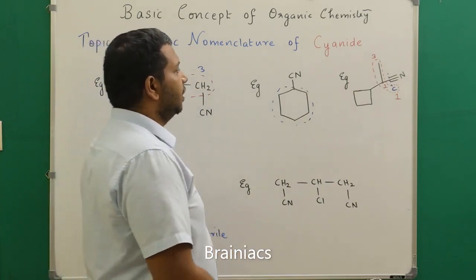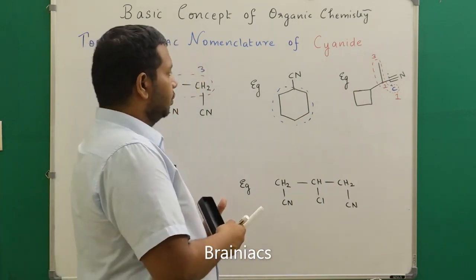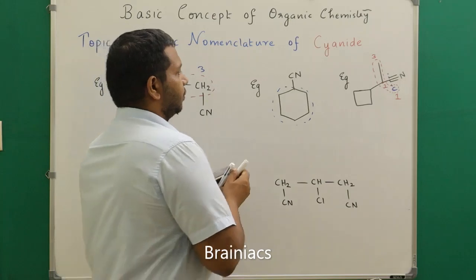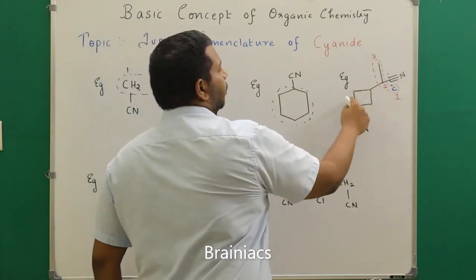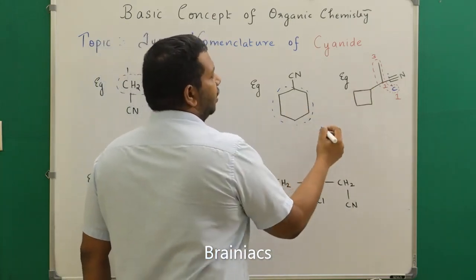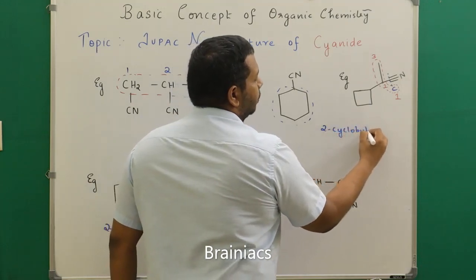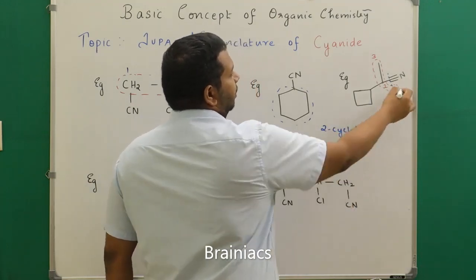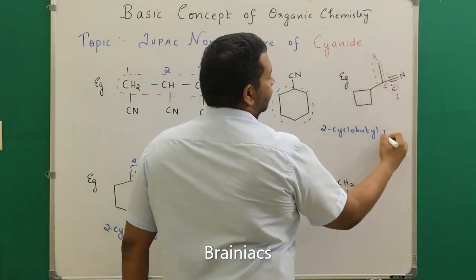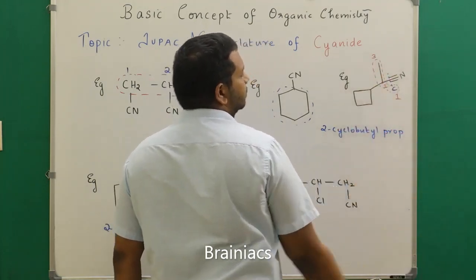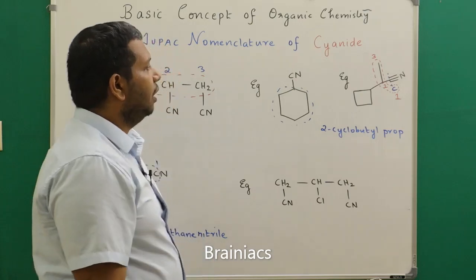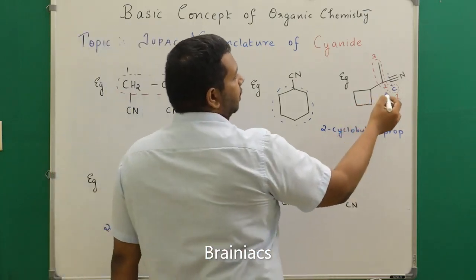Now tell me what should be the name of this compound. We know that at second position there is a substituent. That substituent is 4 carbon atoms, so cyclobutyl. So we say 2-cyclobutyl. Correct? Word root for 3 carbon atoms, so we use the term prop. 2-cyclobutyl prop. Correct?